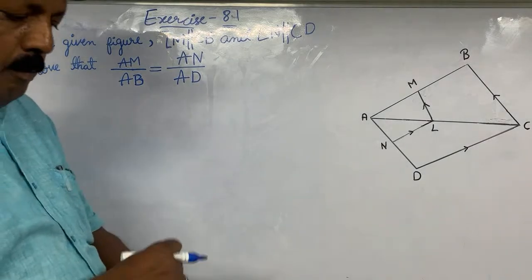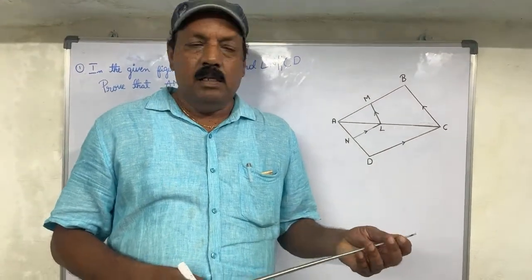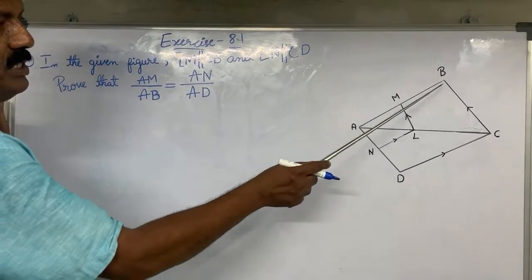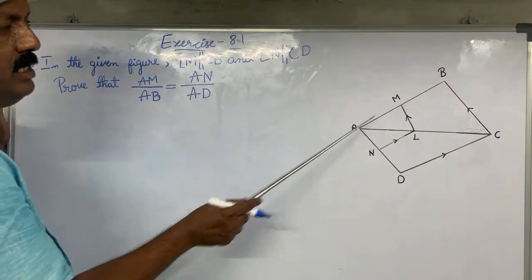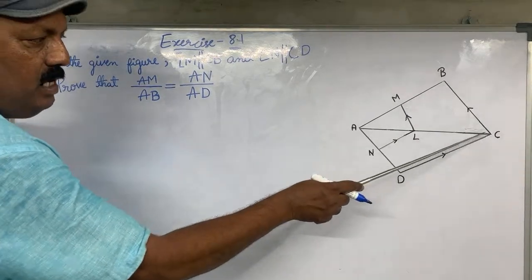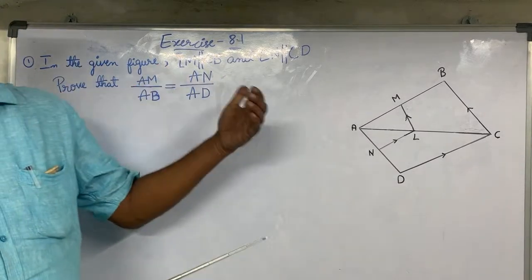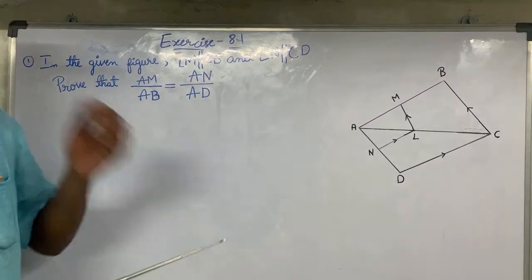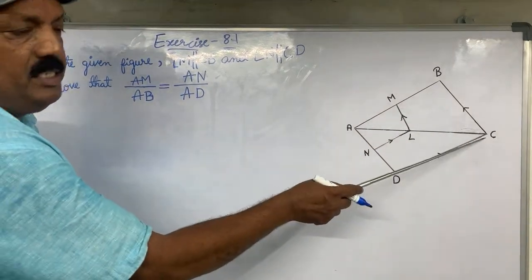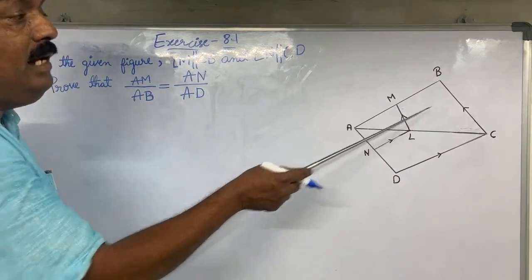Now come to the sums in 8.1. The three most important sums I am going to explain. First one, you can see one diagram which has two triangles. One triangle is ABC, and just now you finished the basic proportionality theorem. In this triangle ABC, BC is the base and LM is the parallel line to the base.